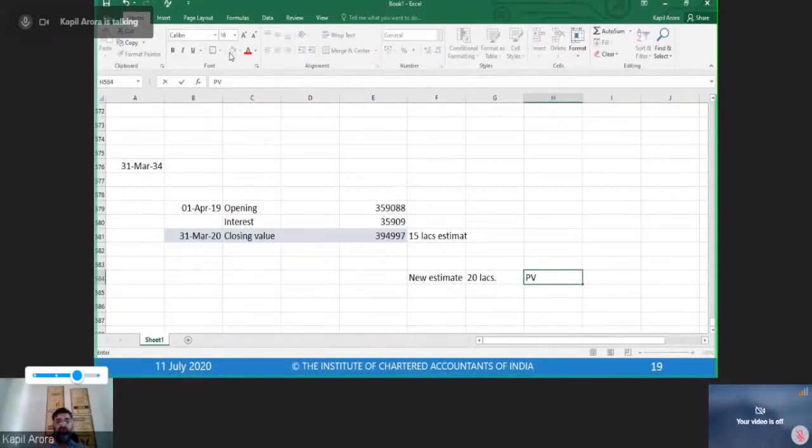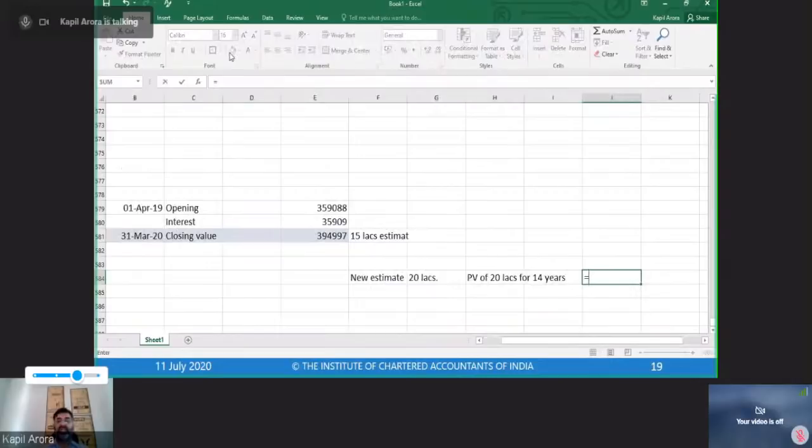The present value of 20 lakhs for 14 years now, because 1 year has already gone. Out of 15 years, 1 year has already passed, so we just have 14 years left. So present value of 20 lakhs would be 20 lakhs divided by 1.1 raised to power 14.